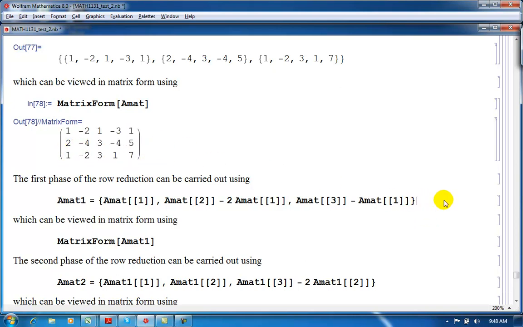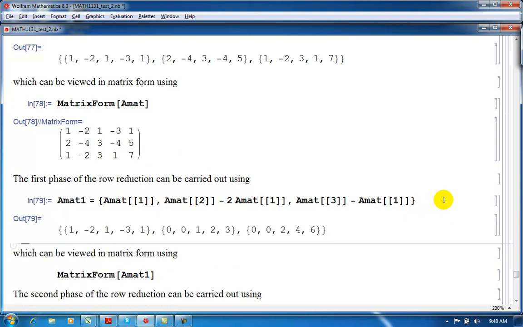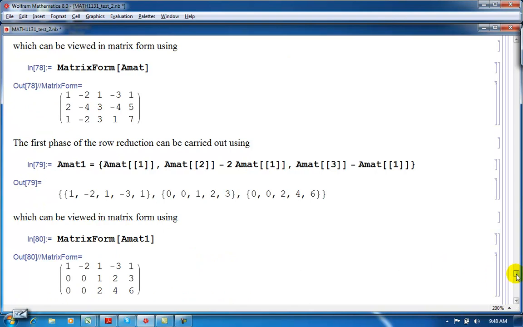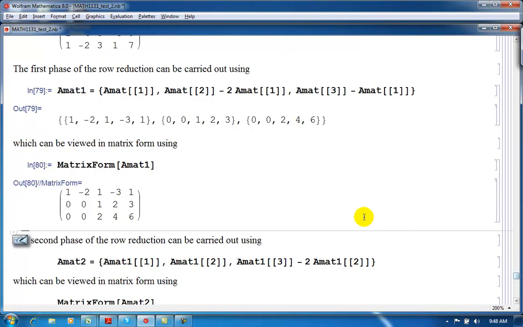So we can do that arithmetic using this, and we can see that that's given us zeros here and here, and now we want to get a 0 here, so that tells us that we should subtract twice the second row from the third row.